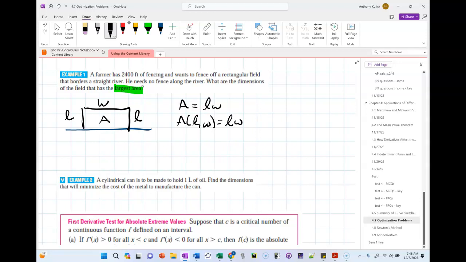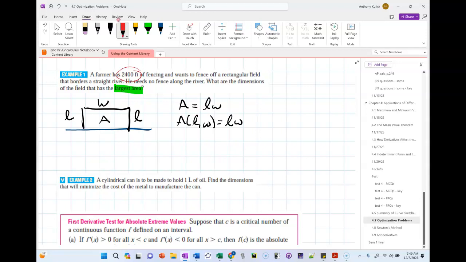So I have an equation here for area in terms of two different variables. I would like to eliminate one variable here. What other equation can I write to do that? What have we been given that we haven't used yet?